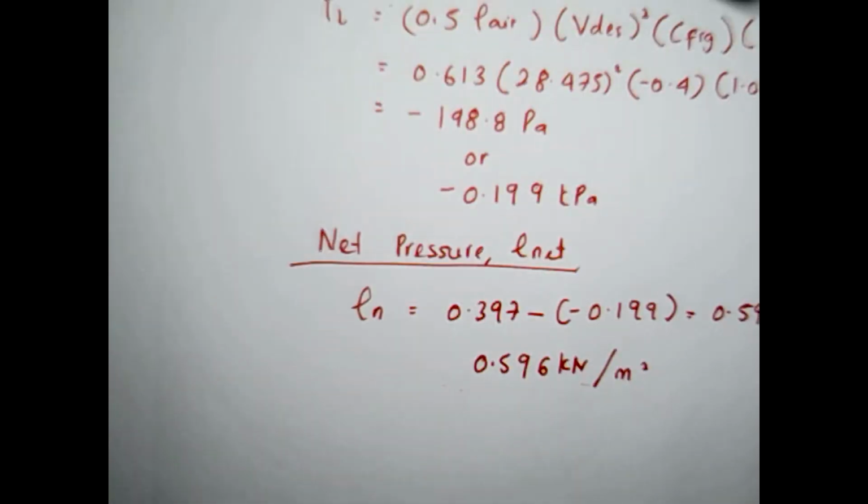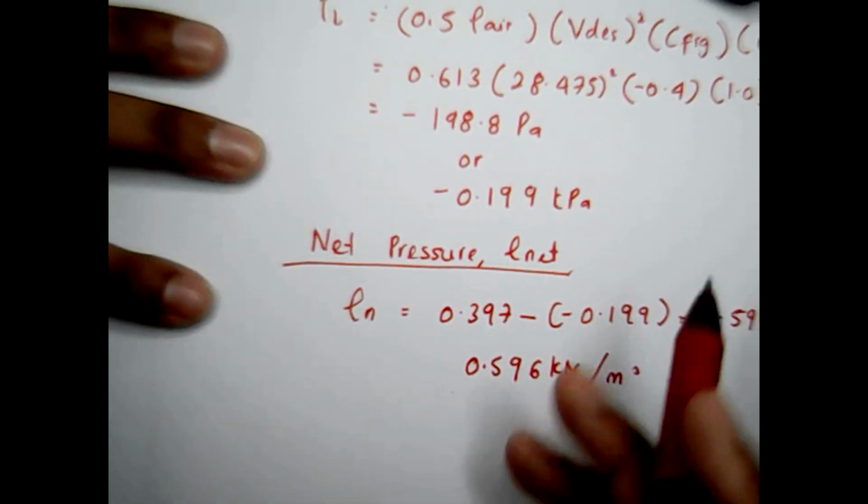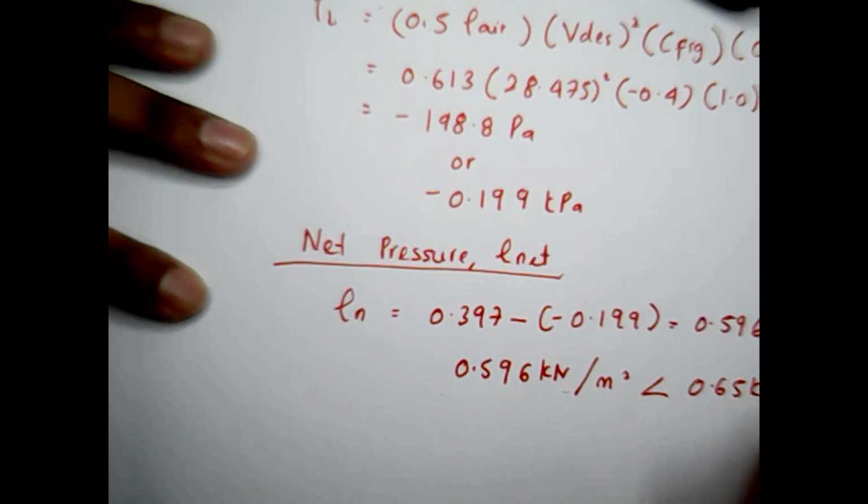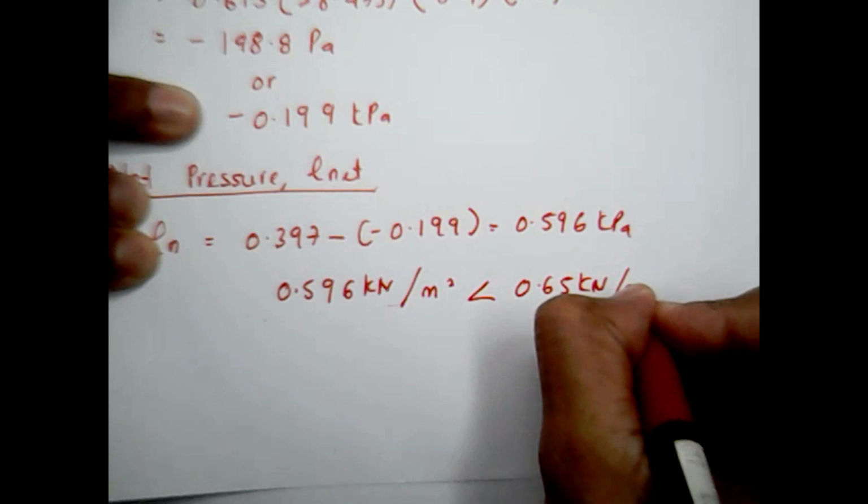So here, our net pressure is less than 0.65 kilonewton per meter squared.